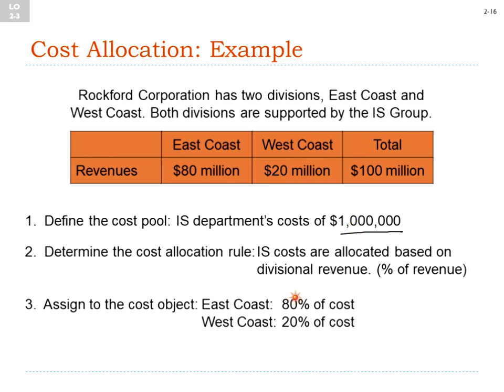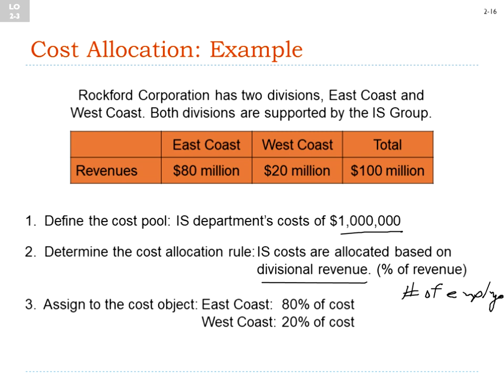They're going to put 80% of it to the East Coast and 20% of it to the West Coast. Is that the best way to do it? The question doesn't give us enough information to determine whether it's the best way, but it's one way to do it. You just have to pay attention to these questions to see how exactly they decide to allocate costs. In this case, they decided to use divisional revenue, but they could have decided to use number of employees. That would make sense.